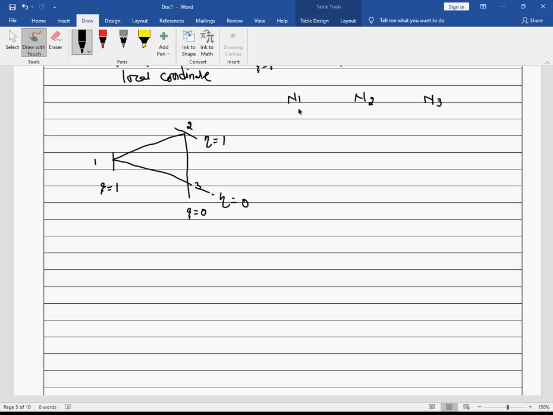Okay. So N1 will be 1 at node 1 and it will be 0 at nodes 2 and 3. This thing we are already aware of, and many times we have done it. So therefore I mark this as 1. So this length is 1, N1 is 1 at node 1 and everywhere else it is 0. Okay, now it is a 2D element.